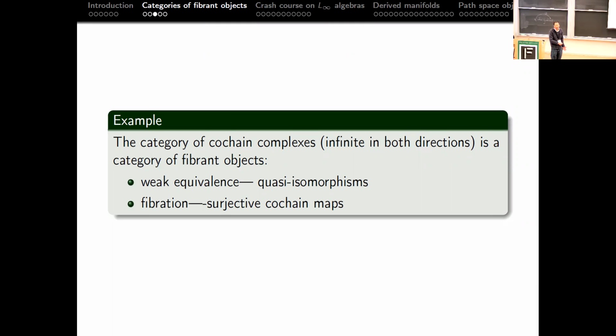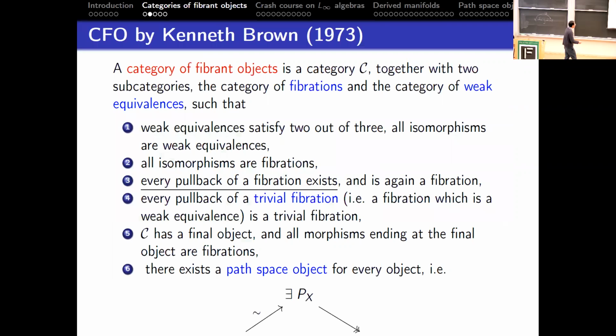If you look at the category where the objects are smooth manifolds and the maps are smooth maps, it's not a CFO because you cannot factorize. This fails. The diagonal you cannot factorize. So here should we think about the paths? No, PX is just notation.